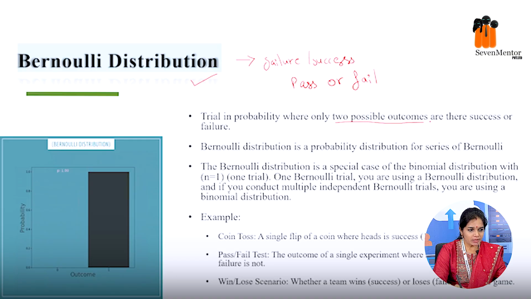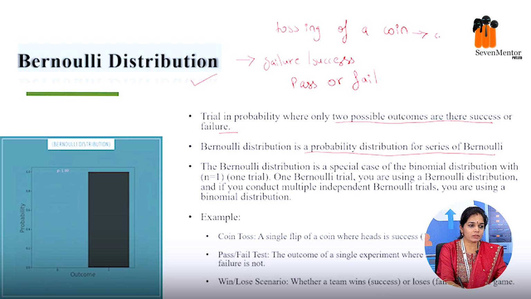Two possible outcomes are success or failure. It is the probability distribution for a series of Bernoulli... Bernoulli is only for one experiment. For example, let's consider tossing of a coin.